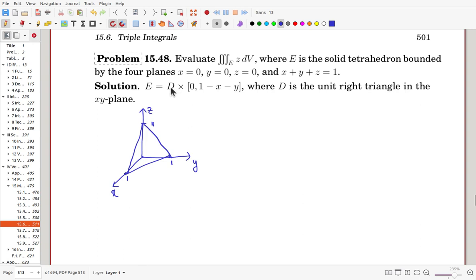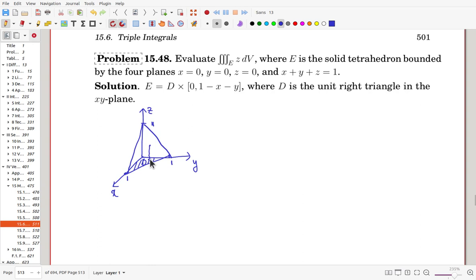We have to express this tetrahedron E by saying 2 parts. One is D, of course; here there must be D on the bottom plane, the surface must be D. And for each (x, y) in D, E is made from the bottom to the slanted surface.